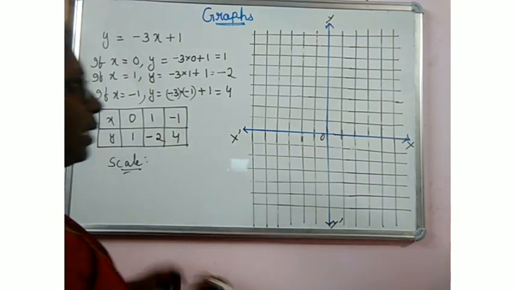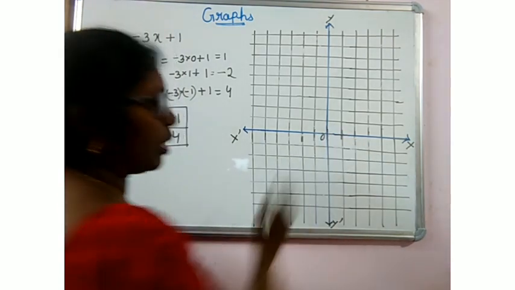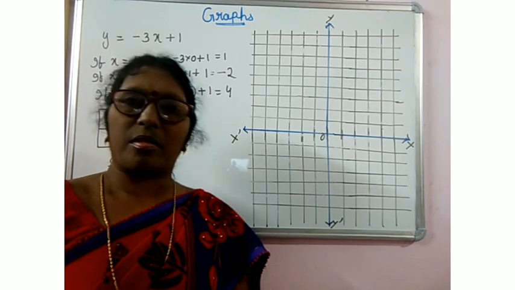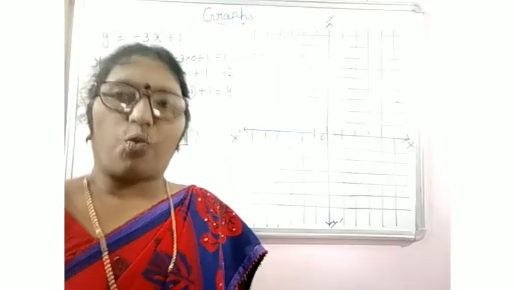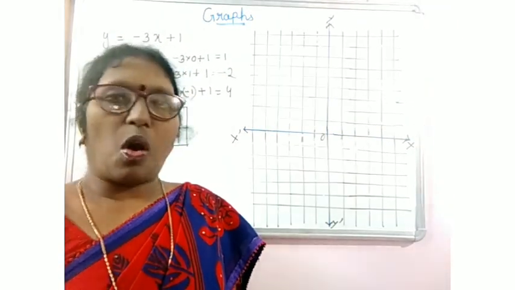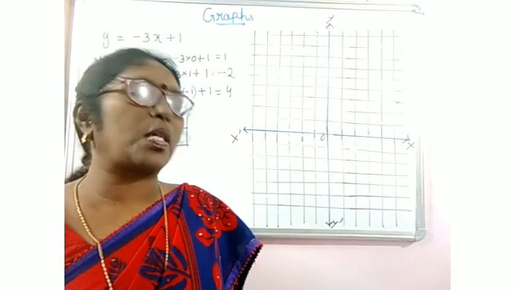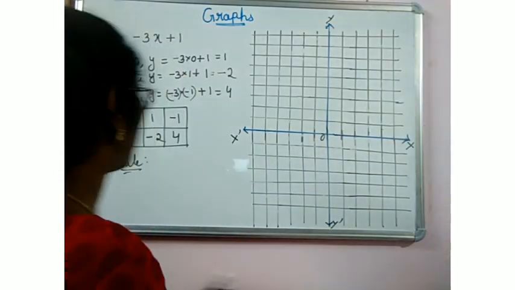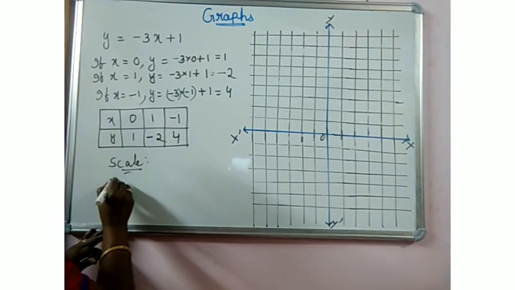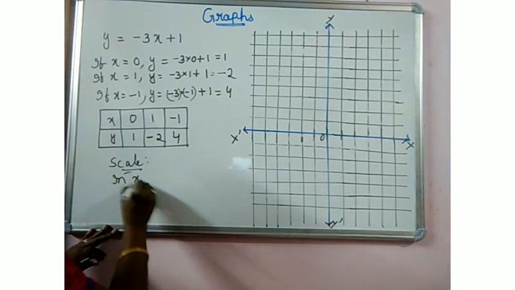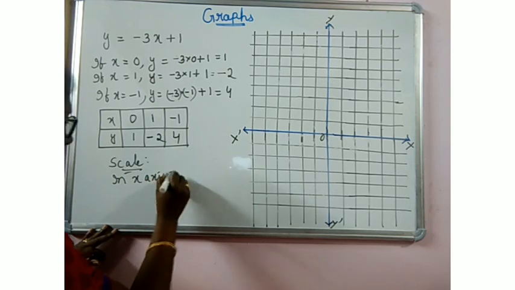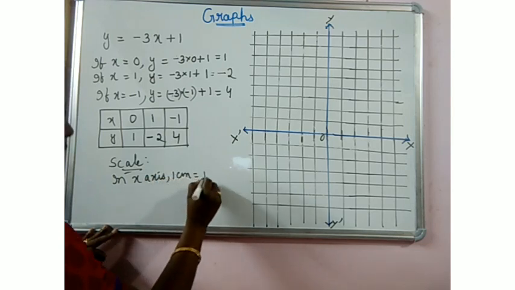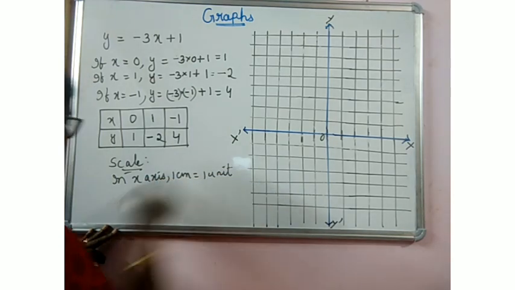In graph papers, you used to have 1 cm boxes or 2 cm boxes. Let us think that we have 1 cm boxes. So in scale, in the x-axis, 1 cm equal to 1 unit I am taking.